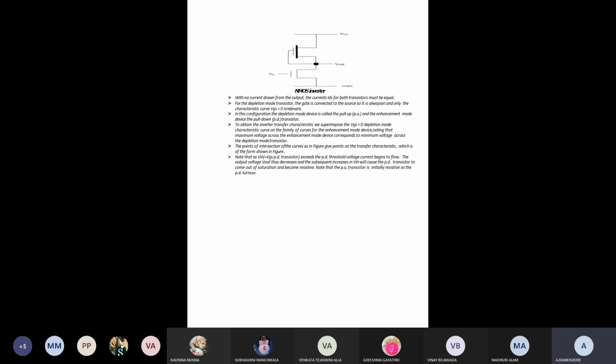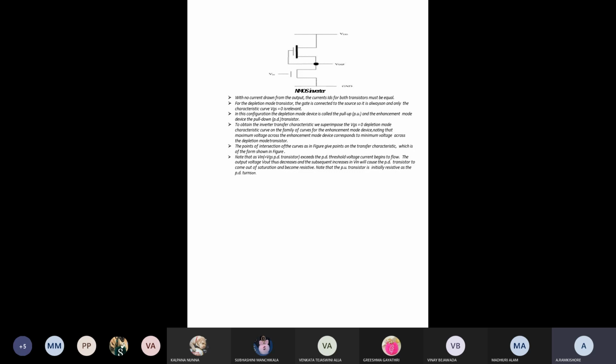So already we have seen the CMOS inverter, and here we have another inverter, the NMOS inverter. In case of the CMOS inverter, we use both the p type transistor and the n type transistor in the pull up and pull down.